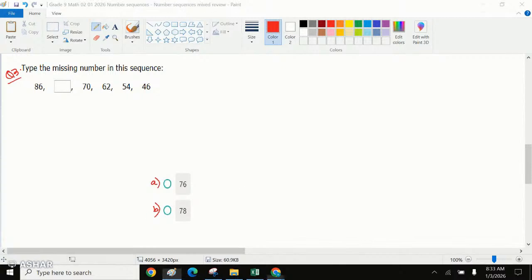This sequence is decreasing. So this is the decreasing sequence, right? The first term is given to us, the second is missing. So we need to skip the second and go on to the third and the fourth, right?